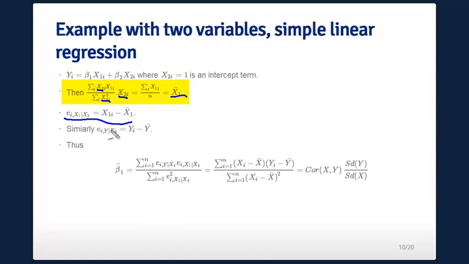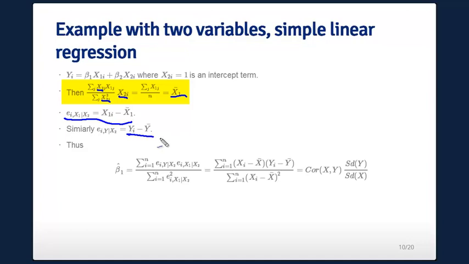And similarly, there was nothing particular about choosing x1 to do first. We could have done y first. If we regress x2 out of y, we get the centered y variables. Okay, so regressing the intercept out of a variable turns out to just be demeaning the variables.